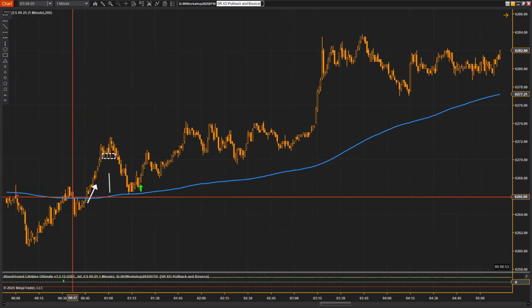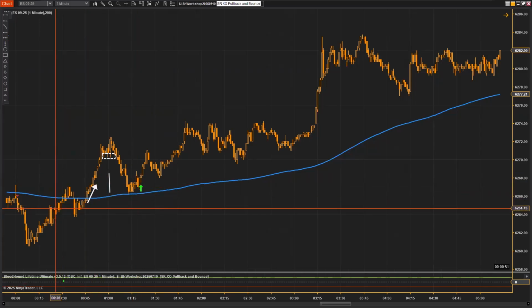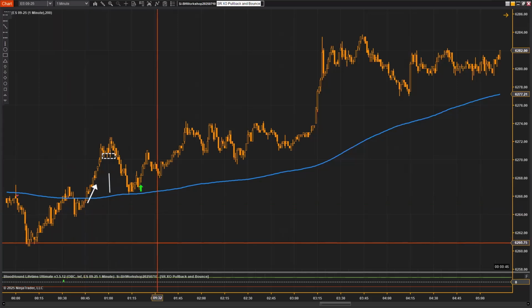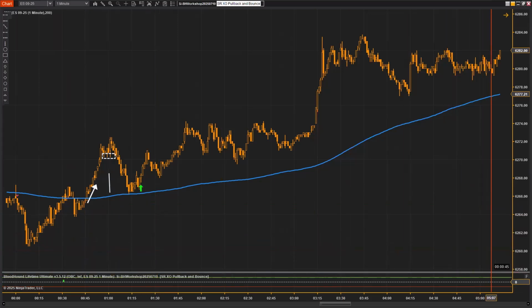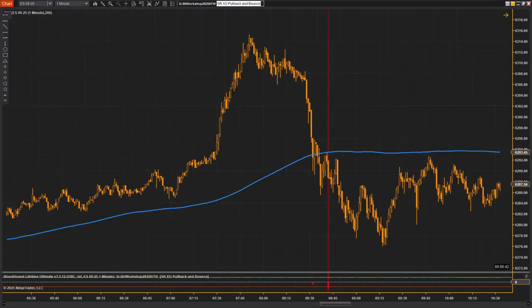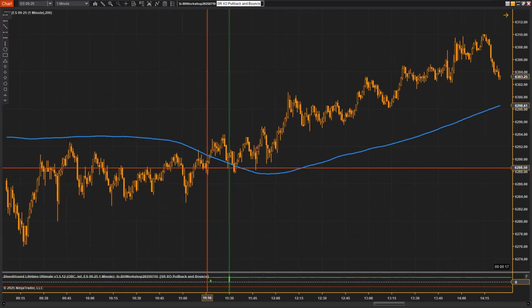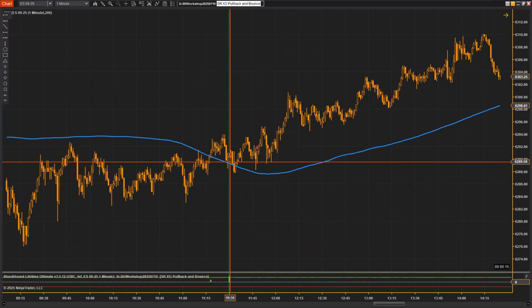So once again, we had a triple crossover, so this was filtered out. Yeah, I guess that's okay. And what do we have here? Yeah, all right.